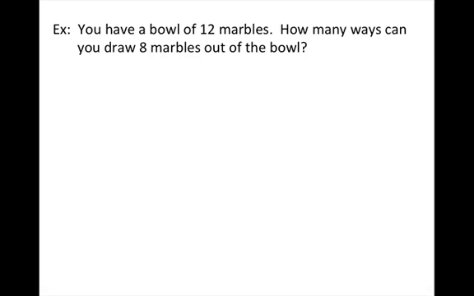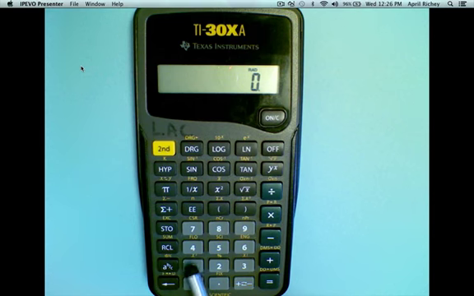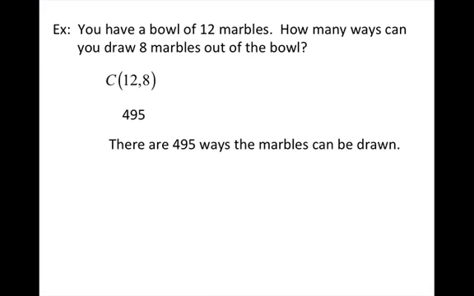So if the problem doesn't place any importance on the order, order doesn't matter. This is a combination of 12 choose 8. So on the calculator, I type in a 12, second 8 for the combination, and then 8 because I'm choosing 8 marbles. So this gives me 495. So there are 495 ways the marbles can be drawn.